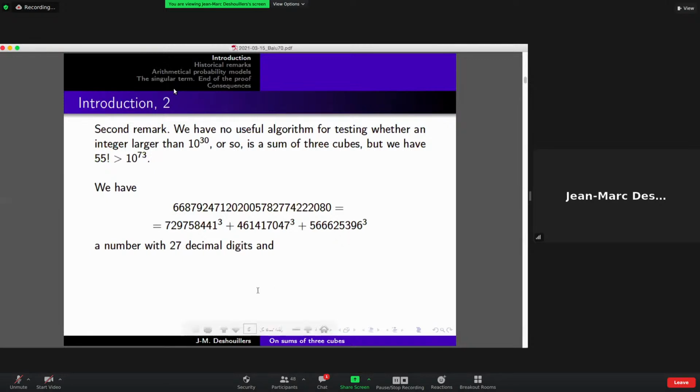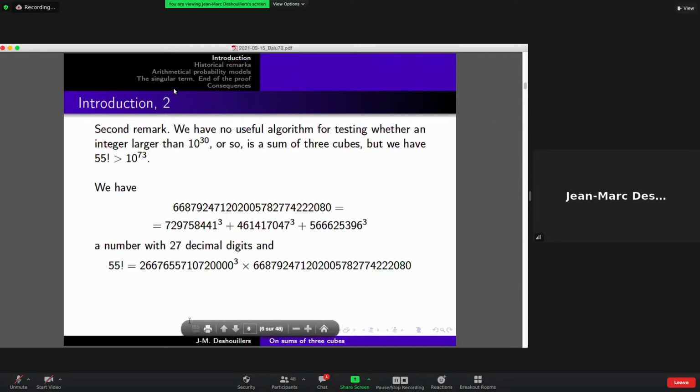However, this is more or less the maximum of what we can do. You see this 10 to the 30. So, what does it have to do with 55 factorial? It has to do with the following: 55 factorial is a cube times this number. And if you have a cube that is multiplied by a sum of 3 cubes, then it is a sum of 3 cubes.